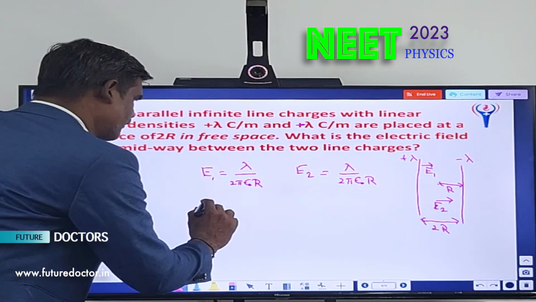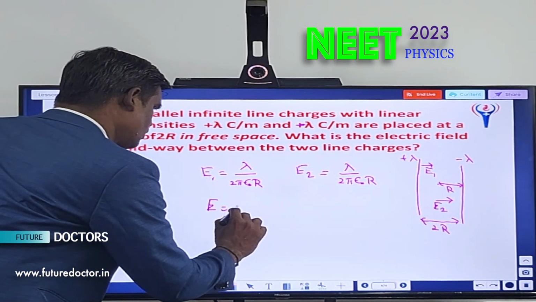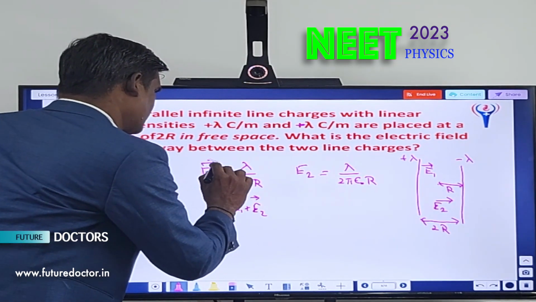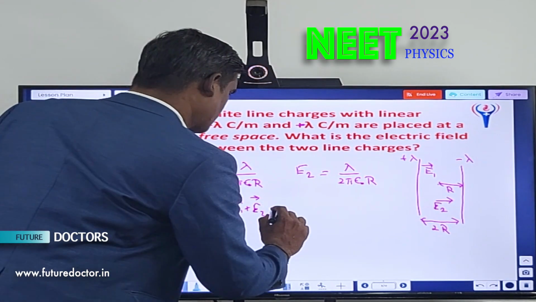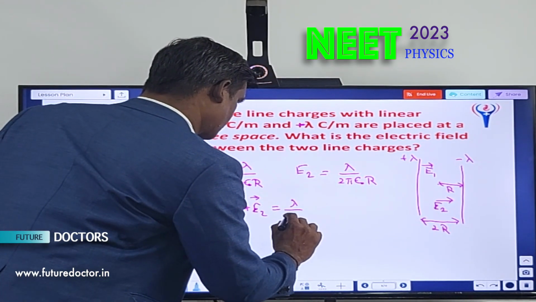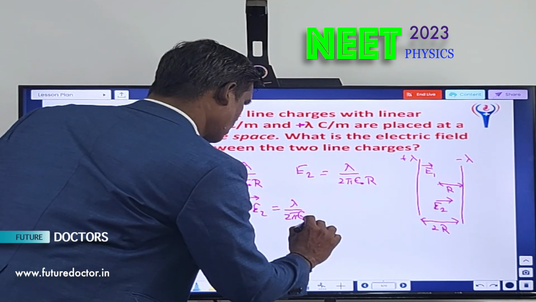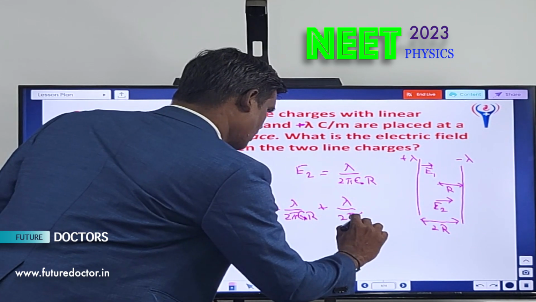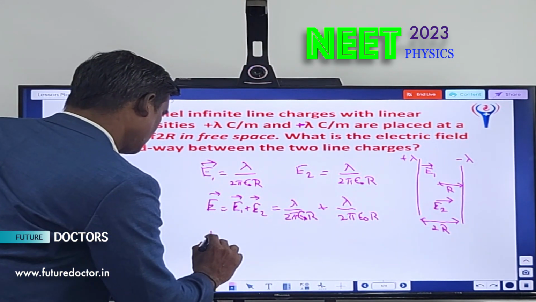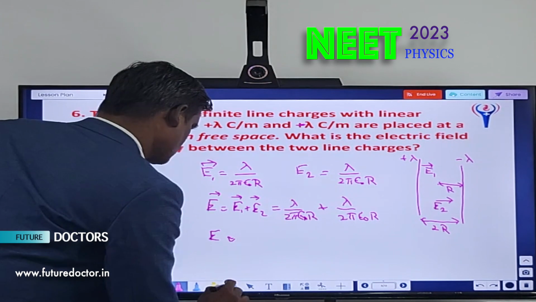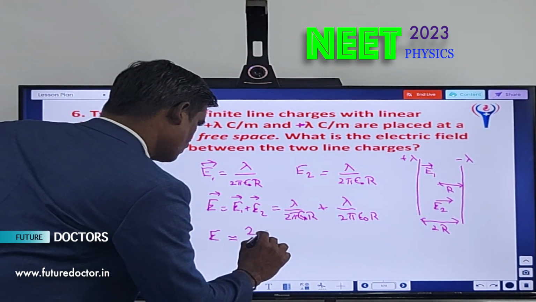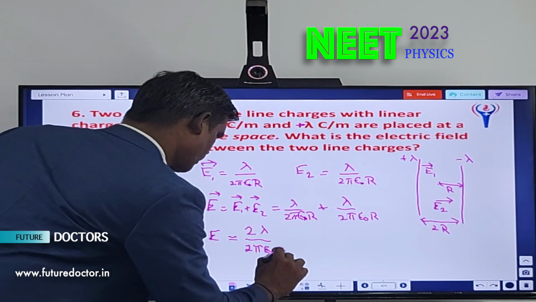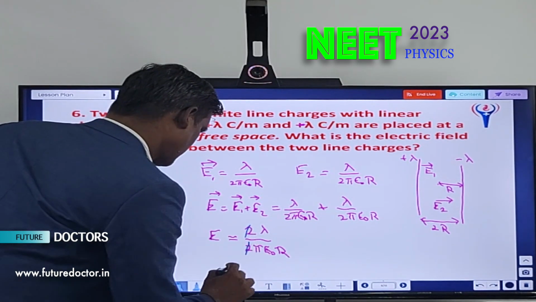Then the net electric field is E equals E1 plus E2, which is lambda by 2 pi epsilon naught R plus lambda by 2 pi epsilon naught R. Then E equals 2 lambda by 2 pi epsilon naught R, and here the 2 cancels.